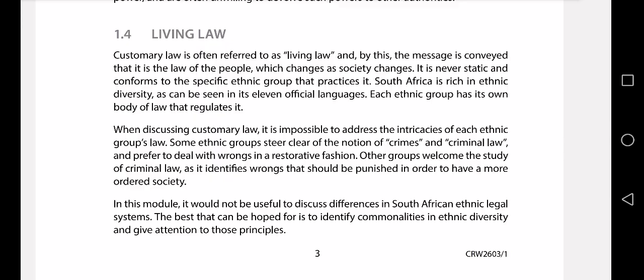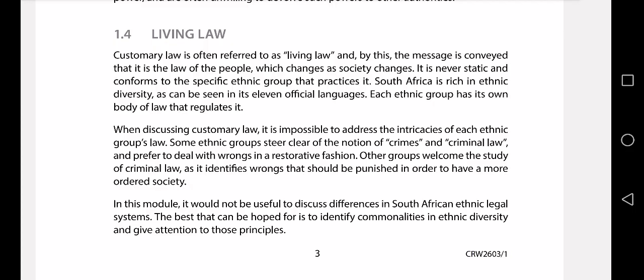Living law. Customary law is often referred to as living law, and by this the message is conveyed that it is the law of the people, which changes as society changes.